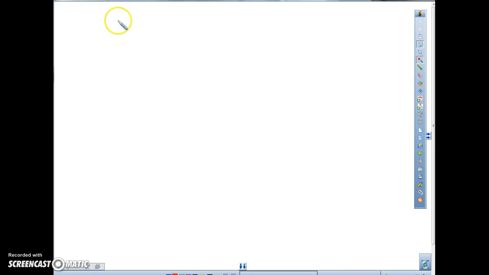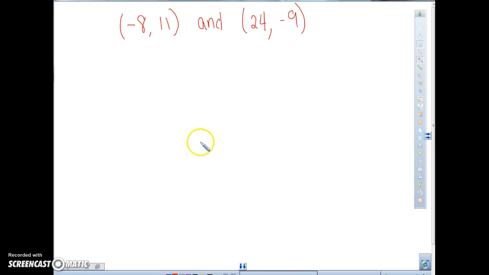Next problem, find the slope of (-8, 11) and (24, -9). So again, if you need to label them, go for it. If you don't, that's awesome.